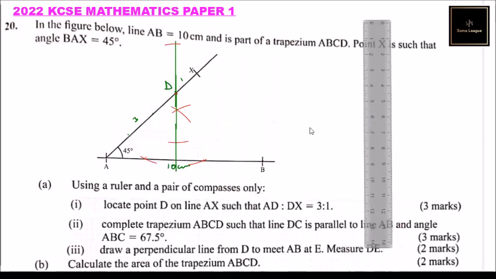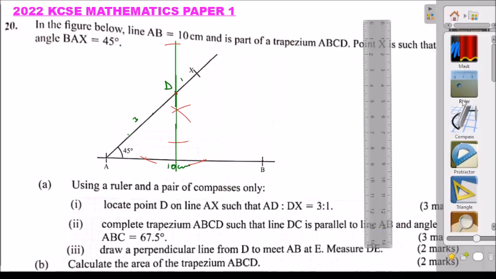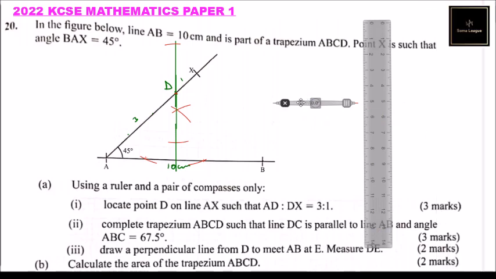So we come and use these 2 points to draw. We have our compass here, then we extend our compass, and we make 2 arcs here.